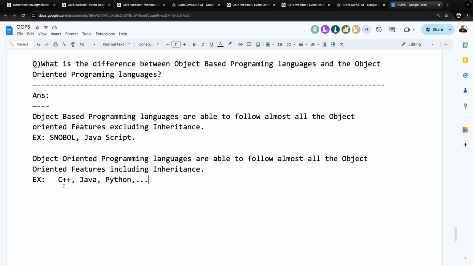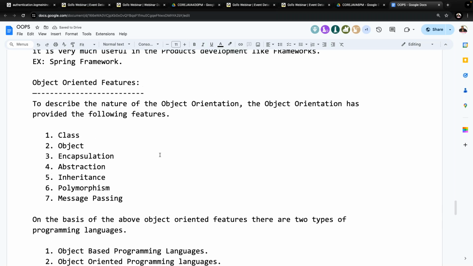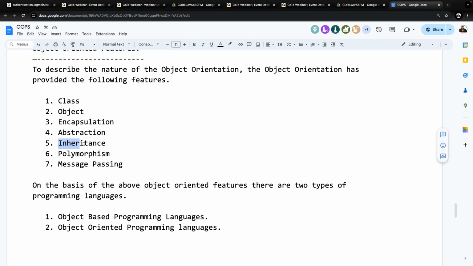Try to understand this clearly. Now these are the points we have to understand. Still I have not given any explanation about inheritance. Just the point is that a set of programming languages are available that follow all the object oriented features excluding inheritance.